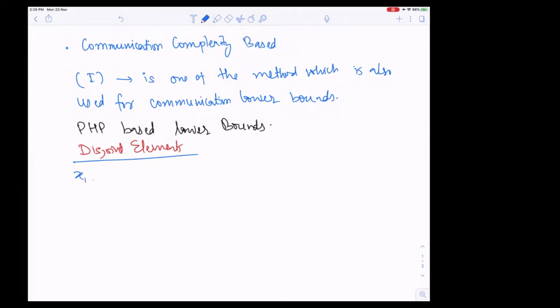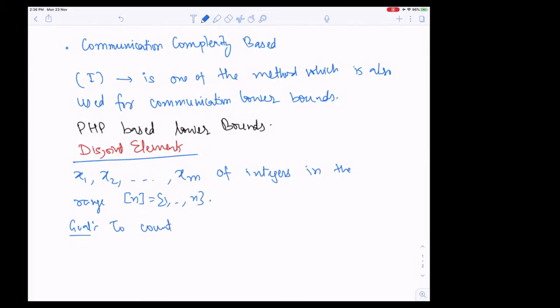So we had this stream x1 to xm of integers in the range, say 1 to n. Okay. And the goal was to count the number of distinct elements.